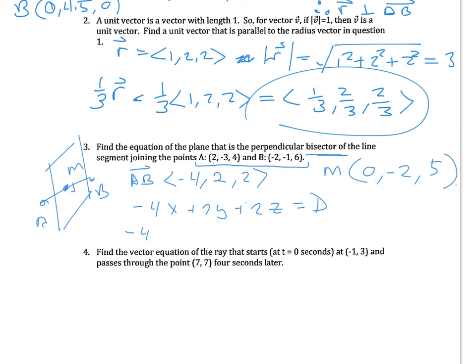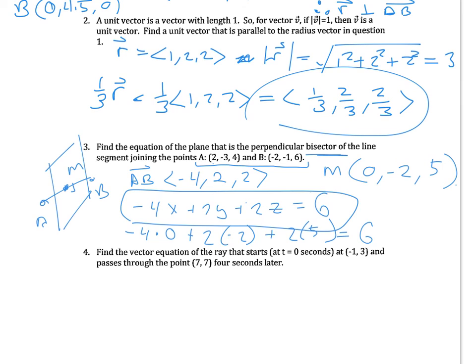So -4 times 0 plus 2 times -2 plus 2 times 5 equals 10 minus 4, or 6. Which means, finally, I can take my equation and erase the d and say that it's 6. So there's my final plane equation.